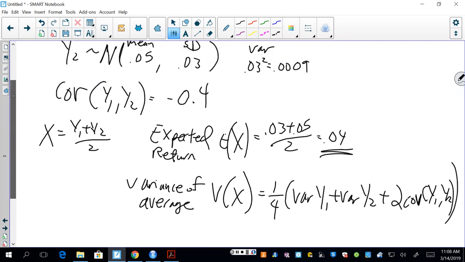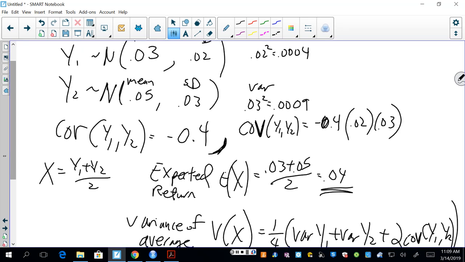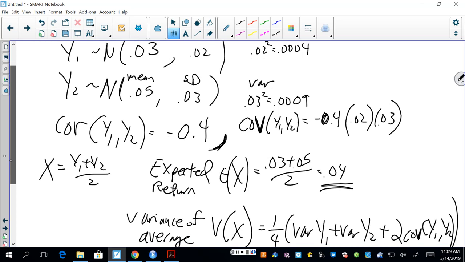The covariance of y1, y2 is the correlation, negative 0.4, times the 2 standard deviations. So there's a 0.02, 0.003 here. Is the covariance.